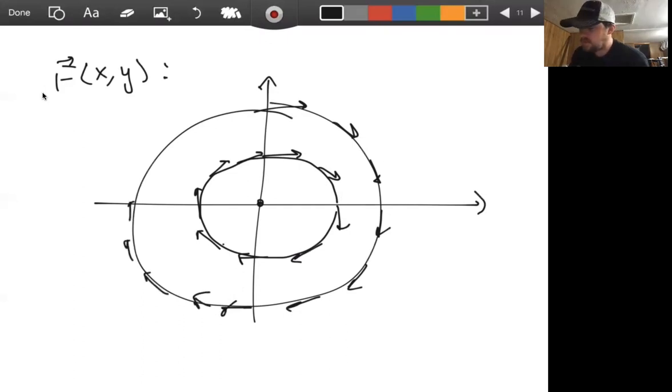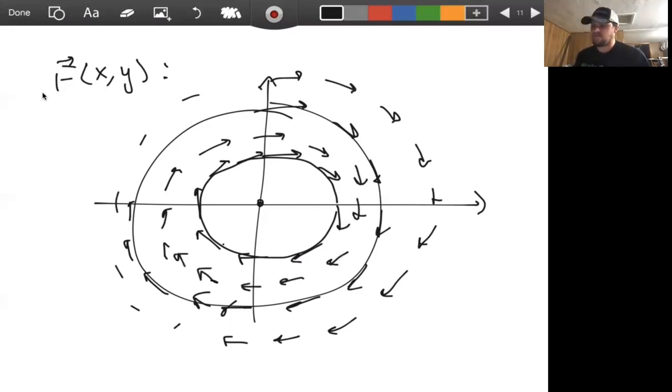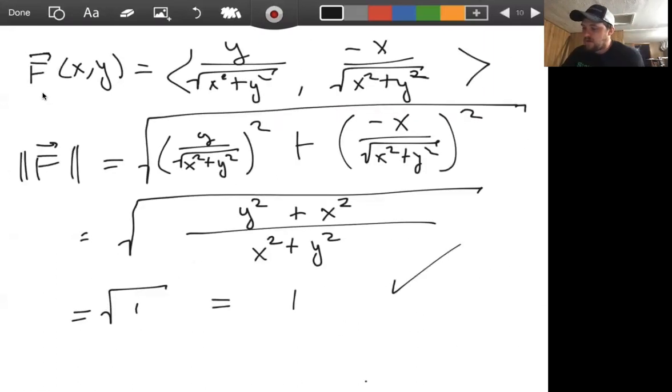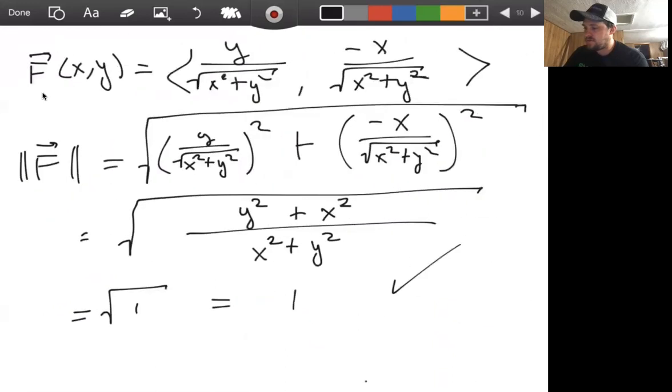You won't be gaining magnitude as your distance from the origin increases. So you can imagine that it's just these circles of vectors of length 1. And what did we do to go from the non-unit vector field to the unit vector field?